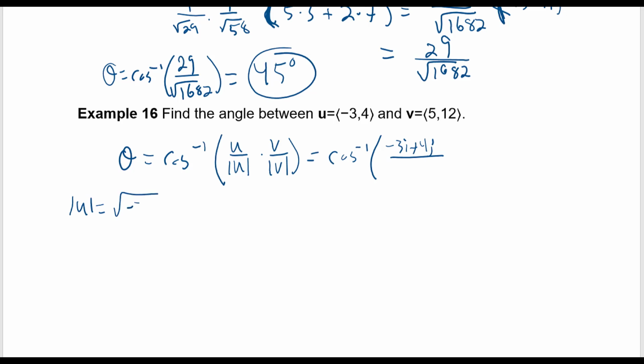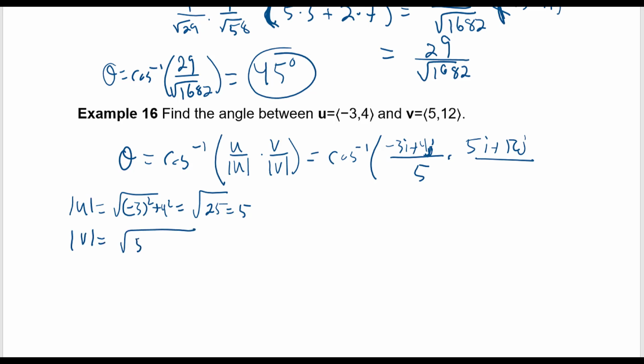It's going to be the square root of negative 3 squared plus 4 squared, square root of 25, which is 5. So that's a 5 down here, dot 5i plus 12j over, okay, the magnitude of v is the square root of 5 squared plus 12 squared. You probably know that one is a Pythagorean triple. So 25 plus 144, we did this earlier in one of our lessons, square root of 169, so it's 13.